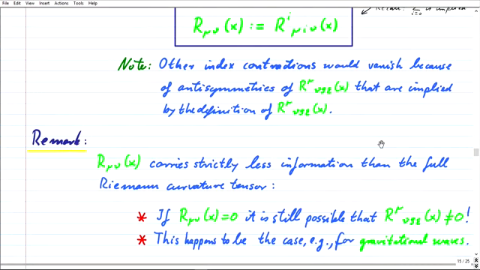It is possible to have R mu nu equal to 0. The Ricci tensor may vanish even when the full Riemann curvature tensor does not vanish. Actually, what's missing is the so-called Weyl curvature. This is a Ricci curvature, and there's an extra tensor, the so-called Weyl tensor, that contains the missing information.